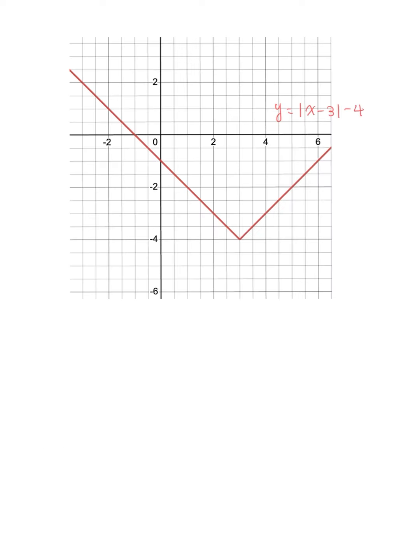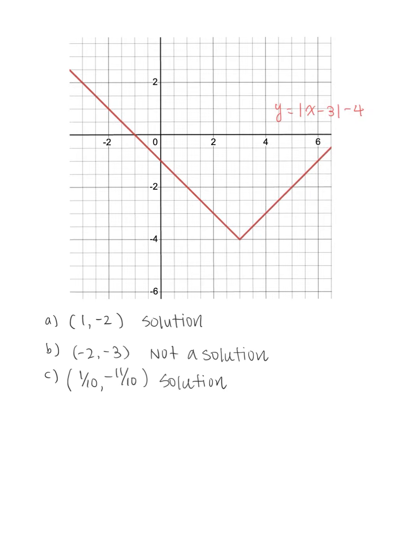Okay, so let's try to look at the previous example on the graph. So here is the graph of the absolute value of x minus 3, and then minus y equals 4. All I did was solve for y from how the equation was written in the example. So here are the 3 points that we played with.